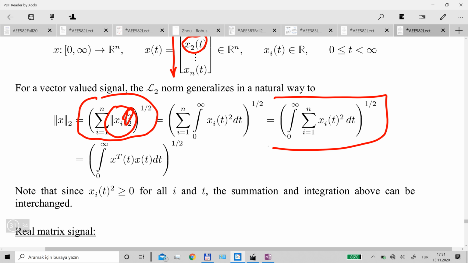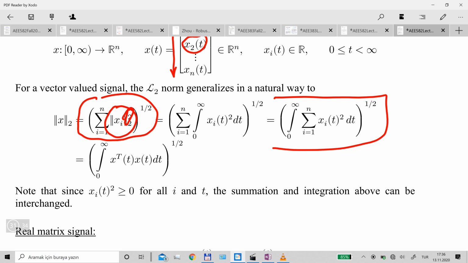This summation can be written as the multiplication of x transpose at time instant t with x itself, which gives the scalar sum of the squares of individual elements in that vector. You perform this multiplication, then integrate this term over time from 0 to infinity, and in the end you take the square root of that, and that gives you the 2 norm of your vector signal.